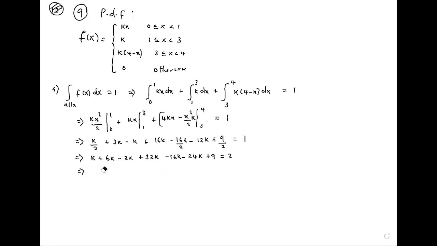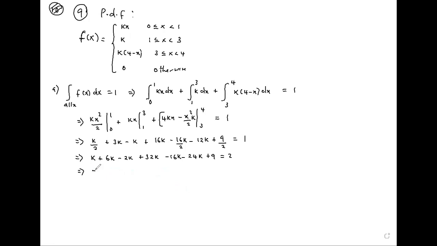So that we get, okay, now it has become nice, I think. So now we'll have 37k, so 37 minus 16 minus 24. Negative 3.